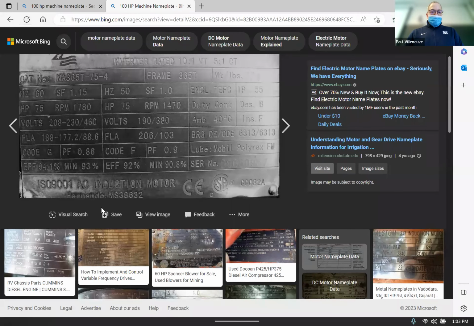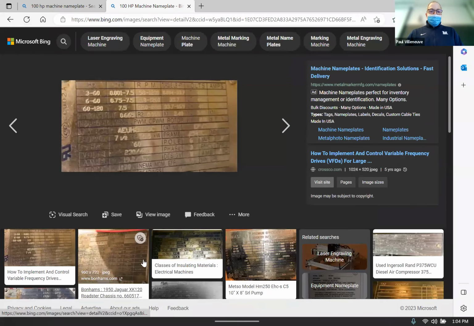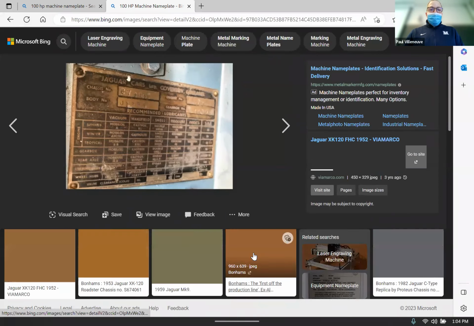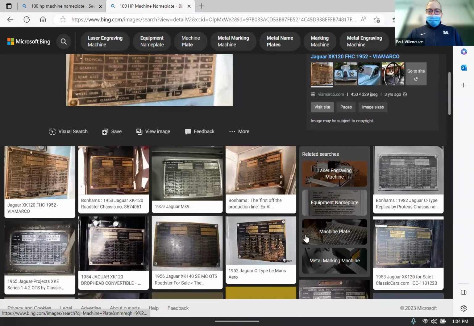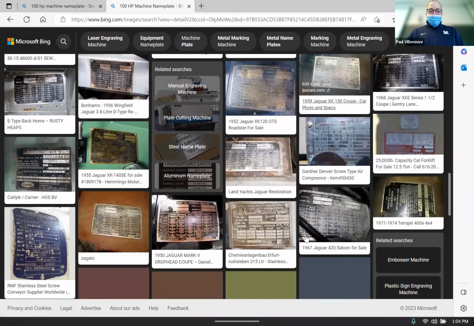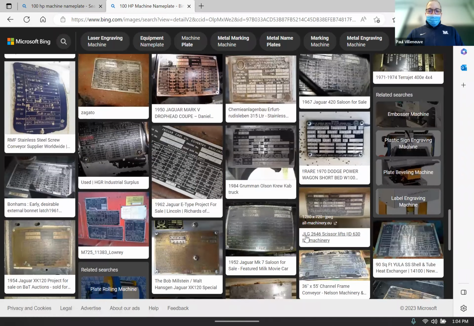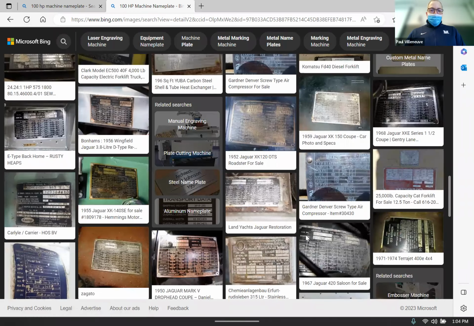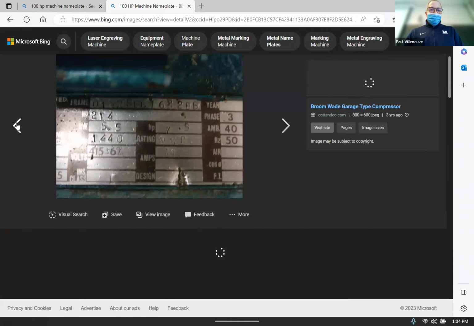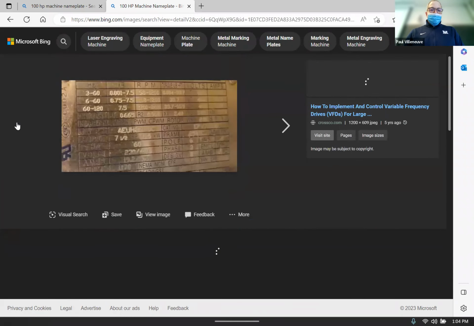This one doesn't have enough detail. Let's look at this one. That one we can't read. Can't read. Let's just find an easy, simple one that we can read. These are all old nameplates. Jaguar cars, look at that. Ooh. Can't see.